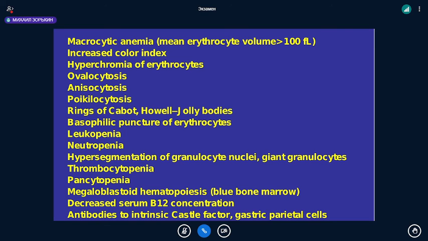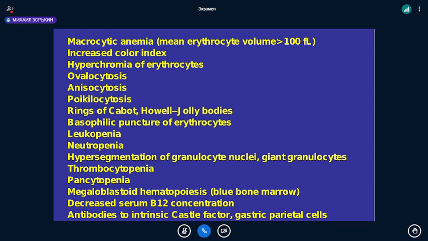Laboratory signs of B12 deficiency. First of all, it is macrocytic type, MCV more than 100 femtoliters. Color index is increased, so this is hyperchromic type of anemia. MCH and MCHC are all increased. Also, one of the specific findings: rings of Cabot and Howell-Jolly bodies, remnants of them.